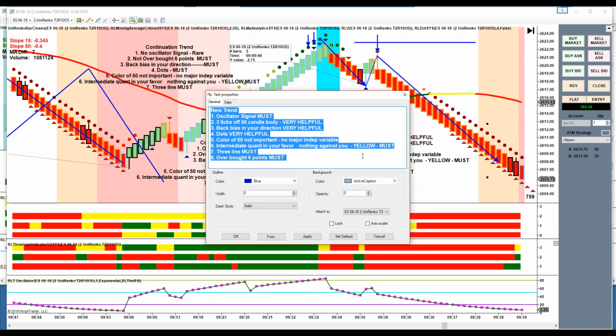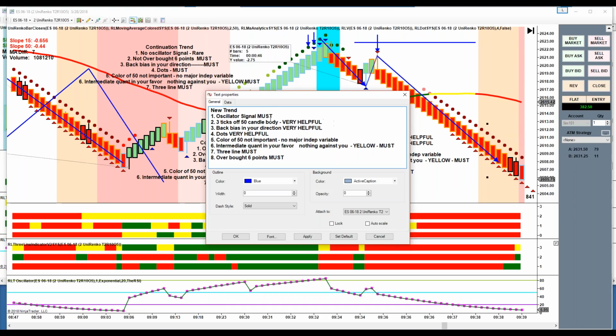Now, I'm going to show you lots of examples of these trades. You must have an oscillator signal, and I'm going to show you that. The candle body is very helpful if it's 3 or less ticks off the 50.